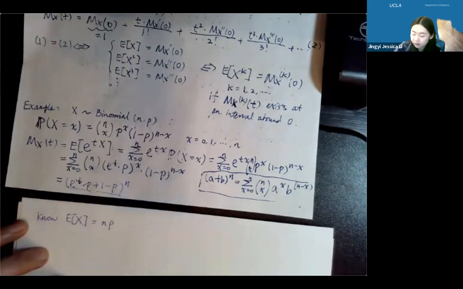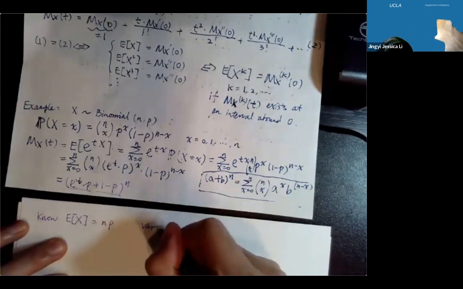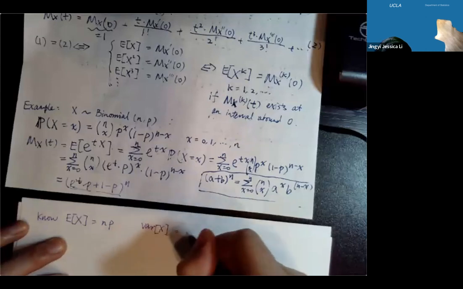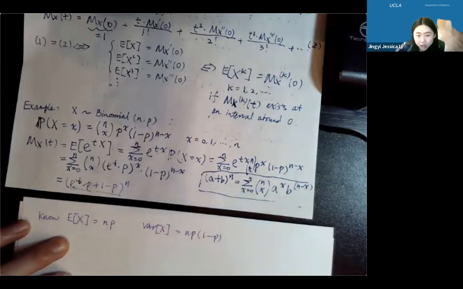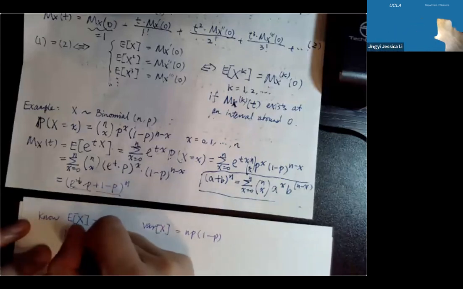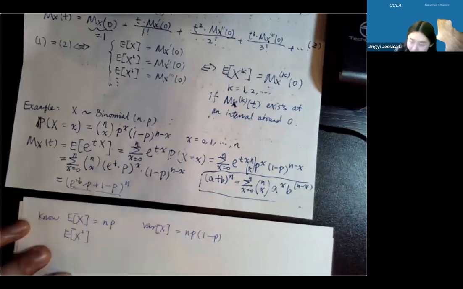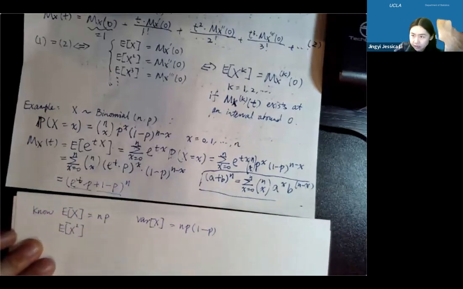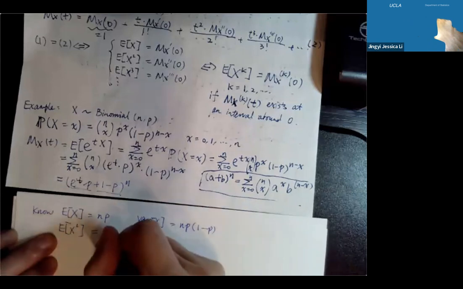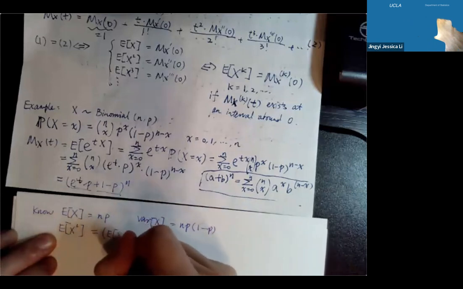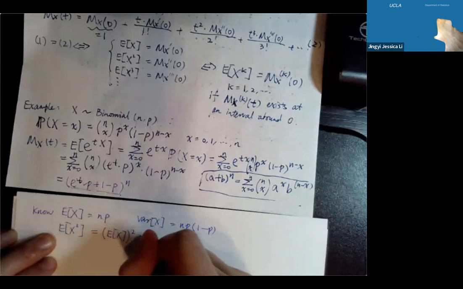Another result we know is the variance: the variance of X is n times p times 1 minus p. Regarding the second moment, expectation of X squared, a very well-known fact that is easy to use is that it equals the square of the first moment plus the variance.